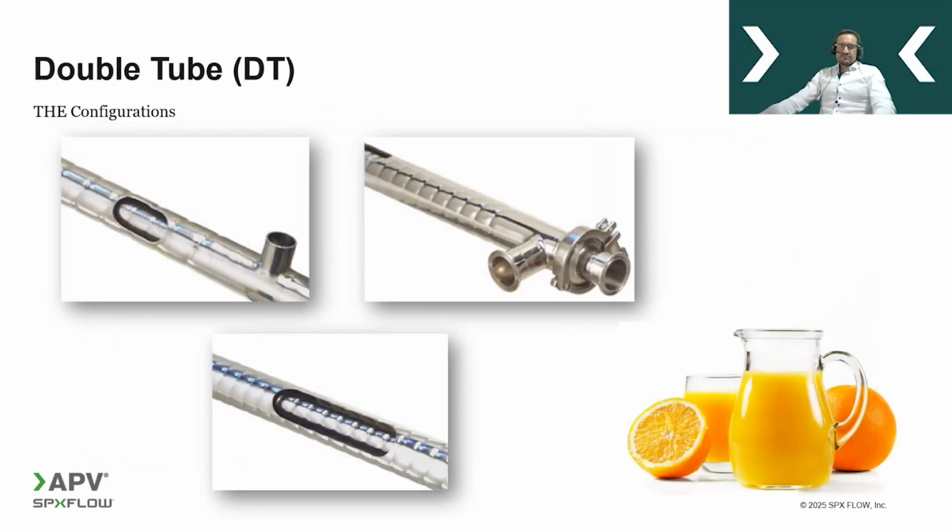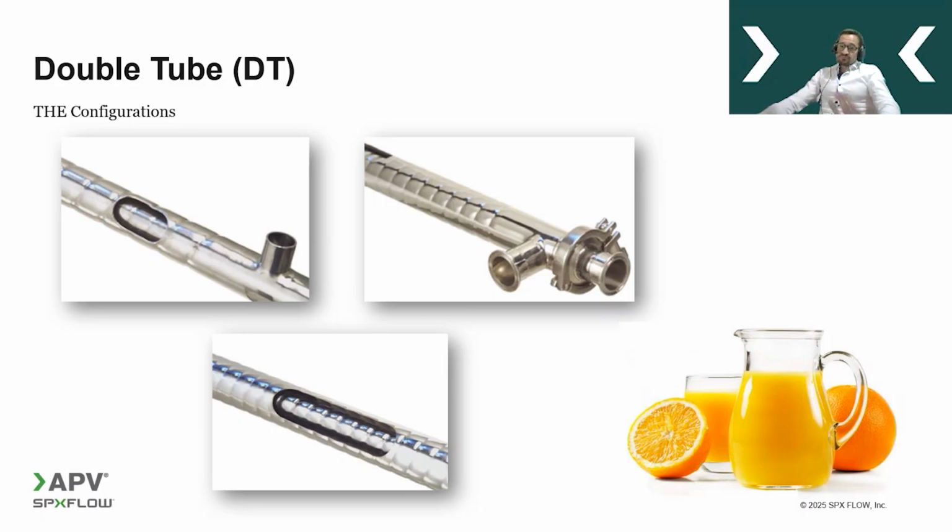Then we have the double tube. That basically consists of two concentric pipes. This configuration is typically used for applications where you've got larger particles. It would provide a wide product channel that could help you to minimize pressure drop and also any blockage risks.